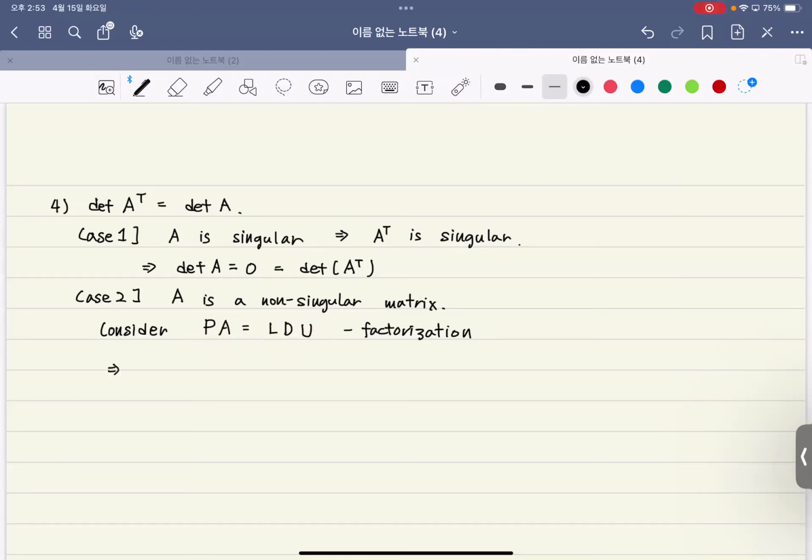Then the determinant of PA is the determinant of LDU. However, the determinant preserves matrix multiplication. So the determinant of P times the determinant of A is the determinant of L, the determinant of D, and the determinant of U. So I can break it down like this.